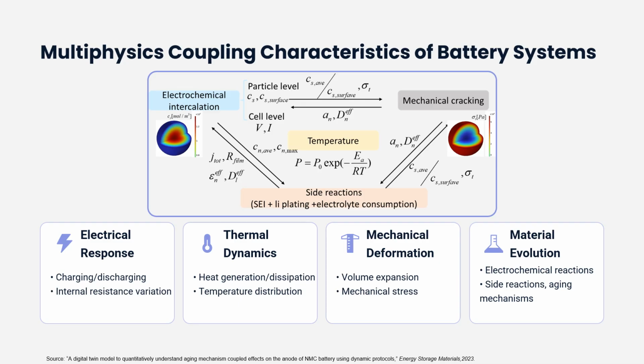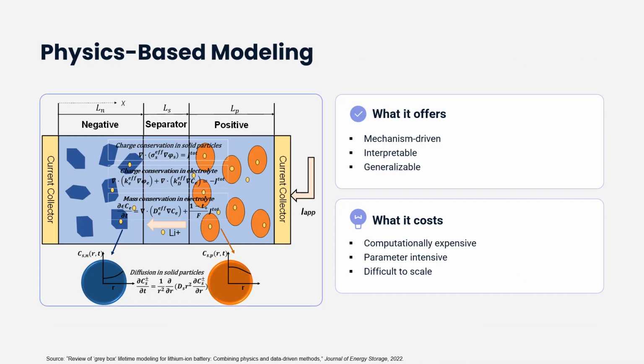So, how do we build a model for a system like this? We usually begin with physics. When the underlying mechanisms are understood, they can be described mathematically. In batteries, one widely used example is a pseudo two-dimensional model.